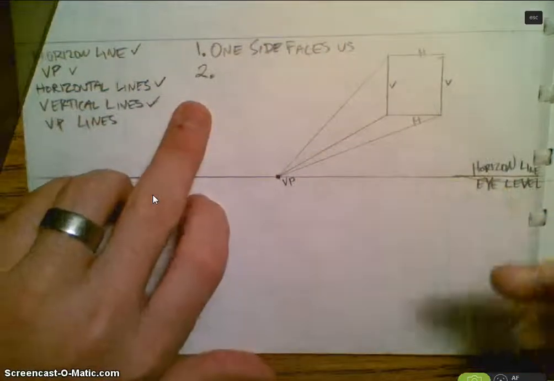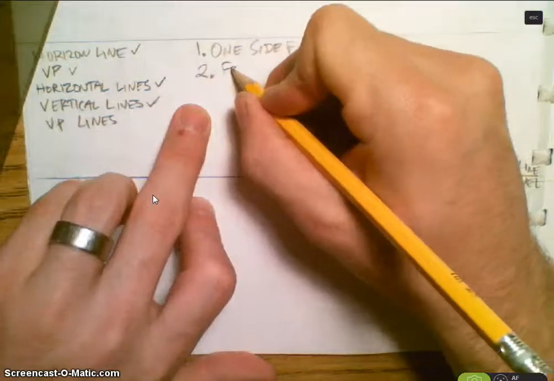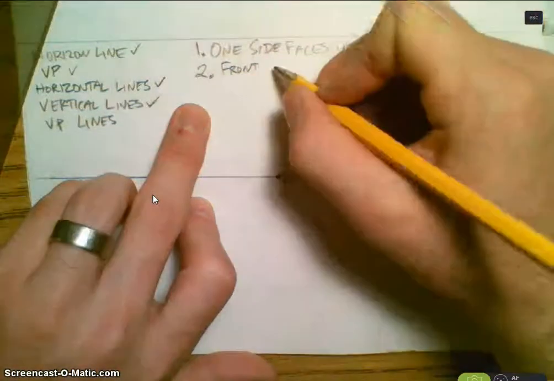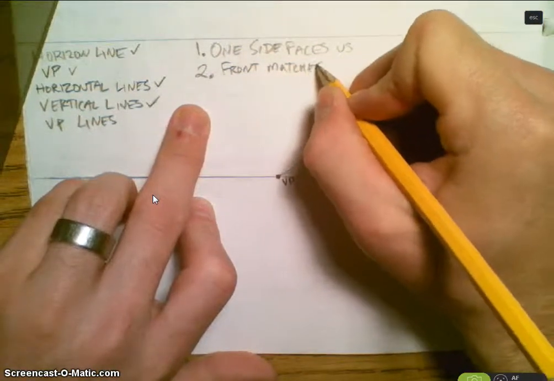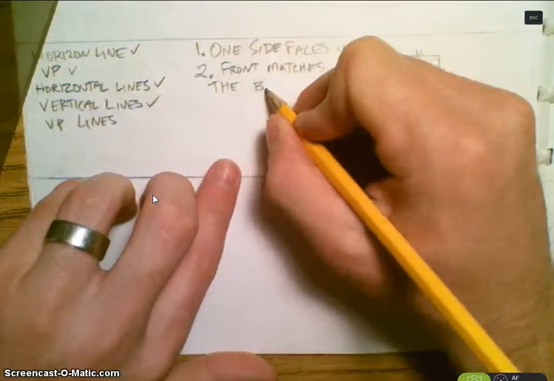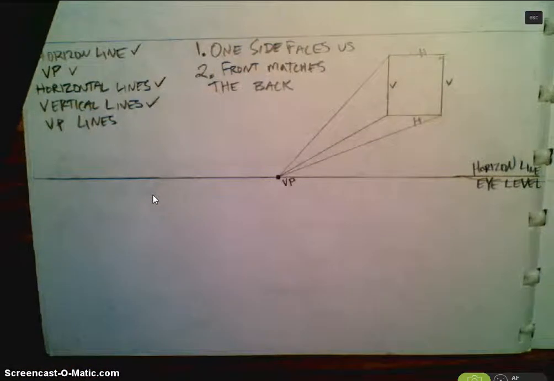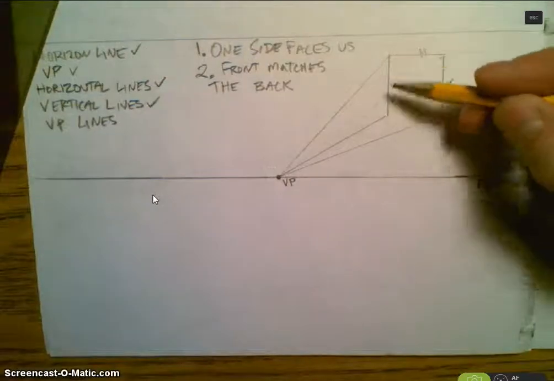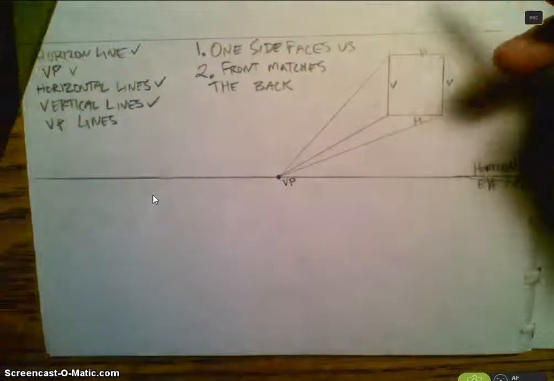So number 2, the second rule. I'm going to write: the front matches the back. Front matches the back. So if on the front side you have a vertical line, on the back side you're going to have a vertical line too.